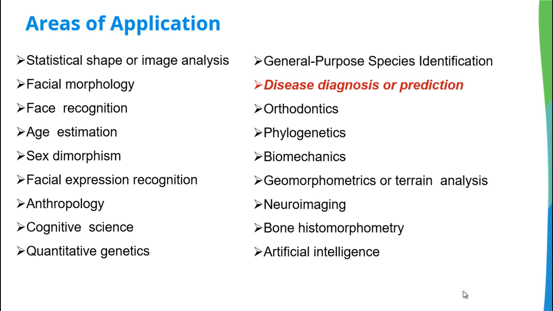And we have orthodontics, phylogenetics, biomechanics, geomorphometrics of terrain analysis, neuroimaging, bone histomorphometrics and artificial intelligence. So these are areas of application of morphometrics and machine learning.